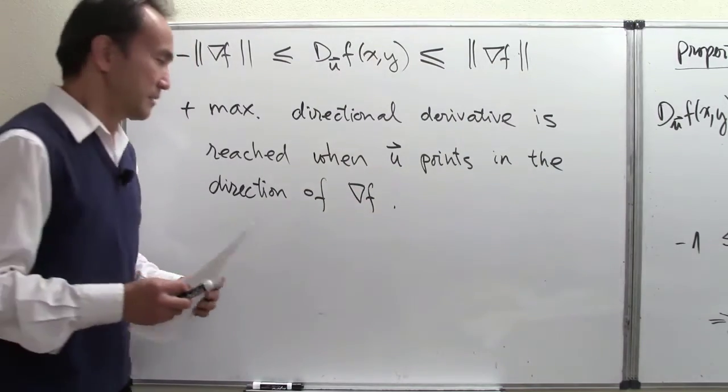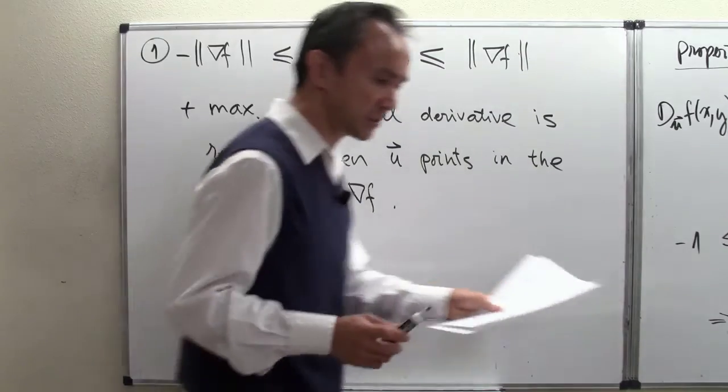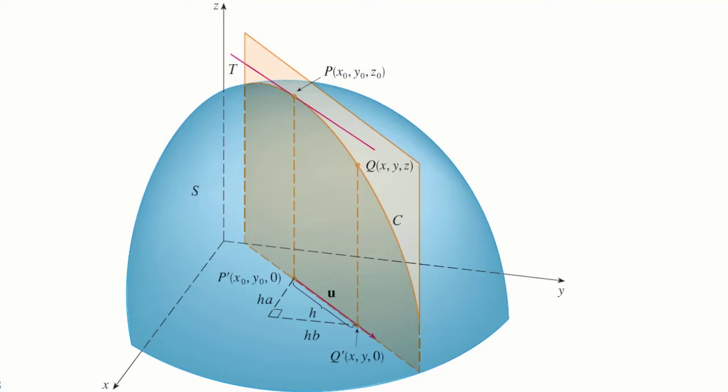Okay. So before I write down the next remark, let me really demonstrate what it means right here. Let's use this picture over here. As I pointed out earlier, at one particular point right here, we can have so many directional derivatives because there are so many vectors pointing in the complete 360 degree rotation around that point.